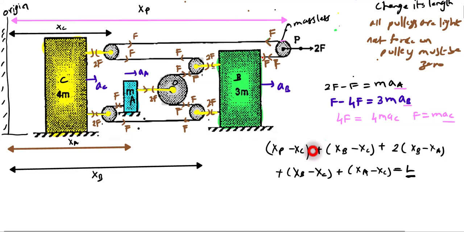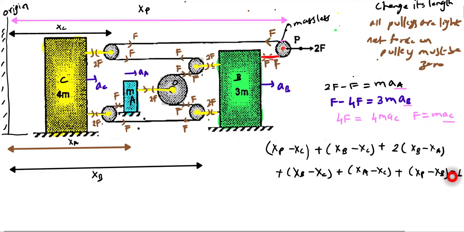One more thing. I think we have to measure this length also, no? XP minus XB. Last, I'll start from there. One more: what is that XP? Displacement of this length of the string also will be varying.